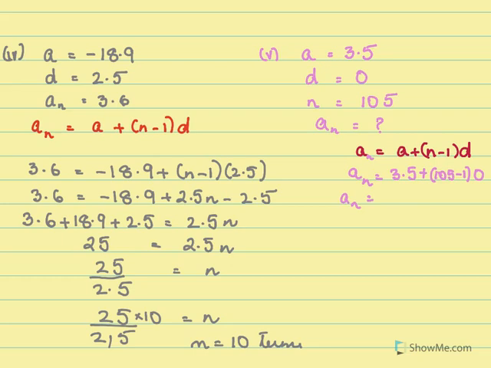So a_n equal to 3.5 plus 0. So a_n equal to 3.5. This is an interesting AP. Let us see what the AP would be like. The first term would be 3.5. The second term will also be 3.5. The third term will also be 3.5, and it will be 3.5 throughout, because the common difference is 0.